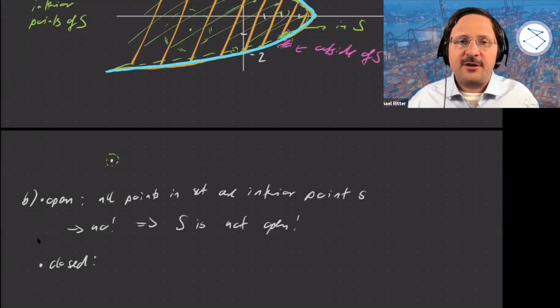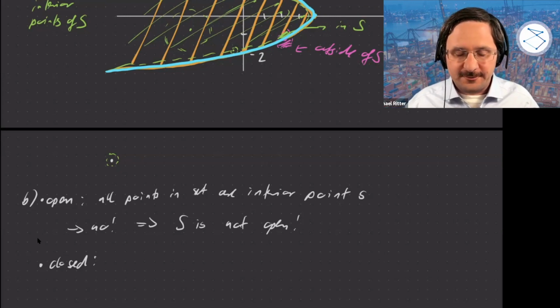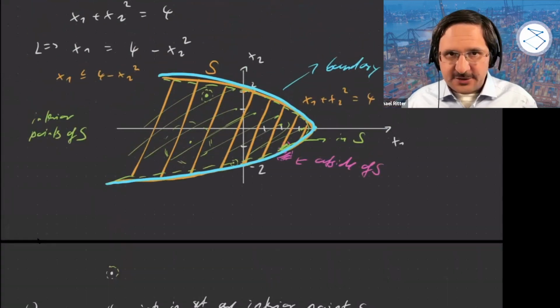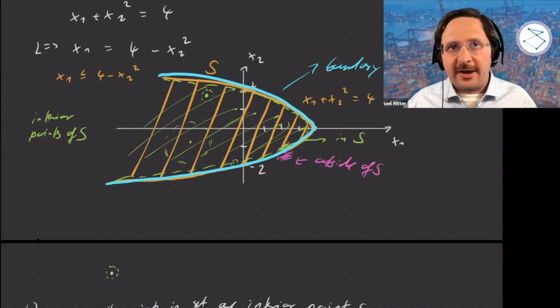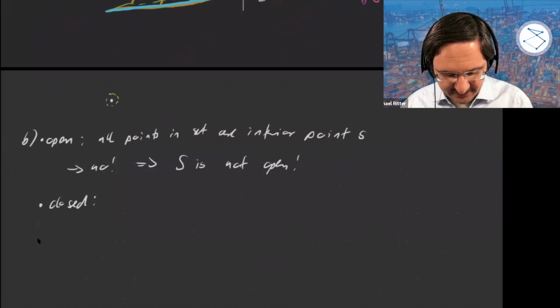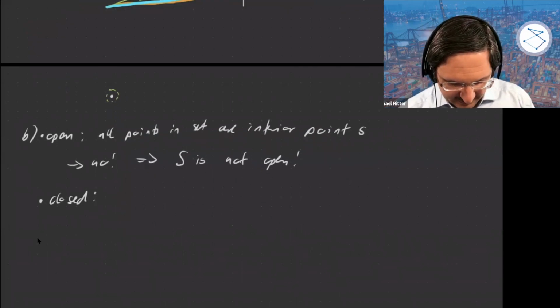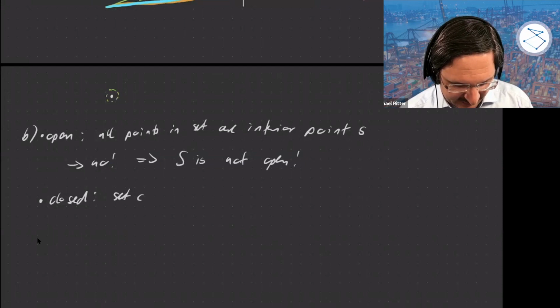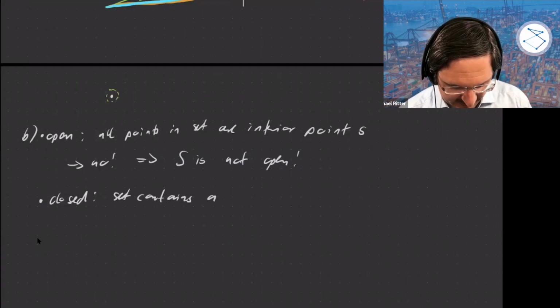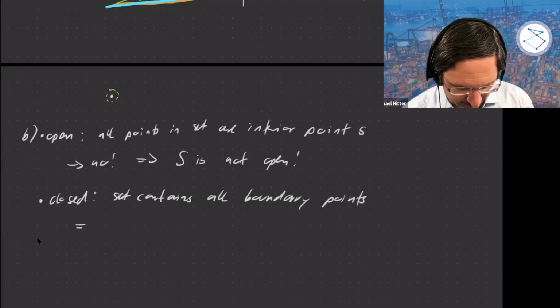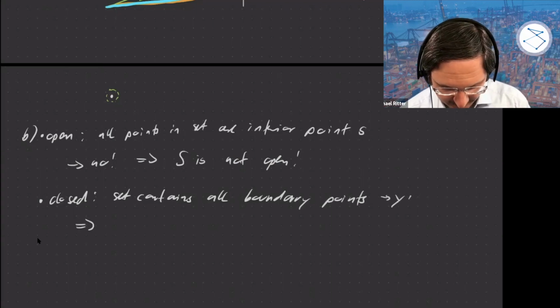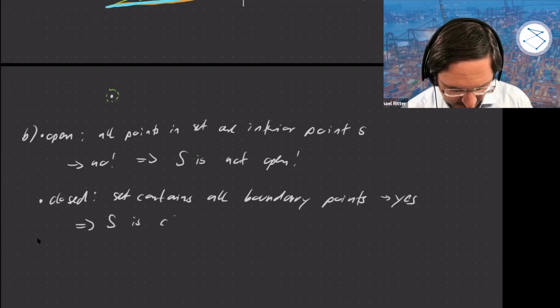So it's closed if it contains all of its boundary points. The boundary points is the blue line here. And that blue line is, of course, contained in S. There's no other boundary points. So S is, in fact, a closed set. Okay, so that means this set contains all boundary points. That's the case here. So S is closed.